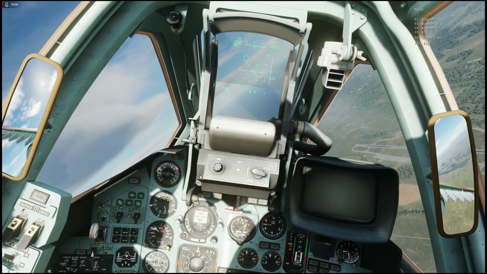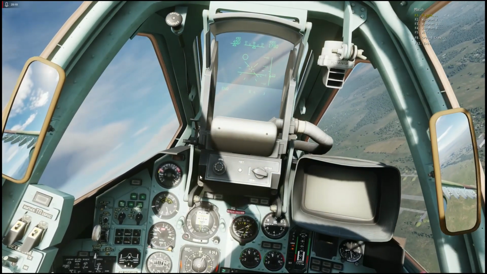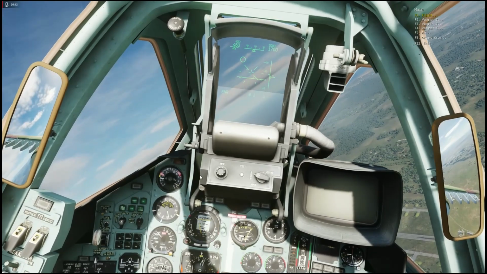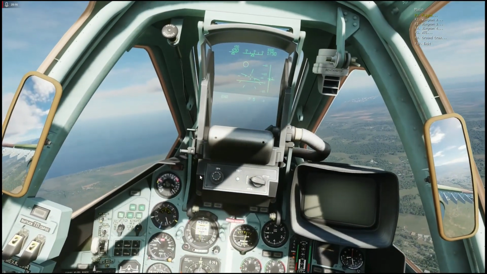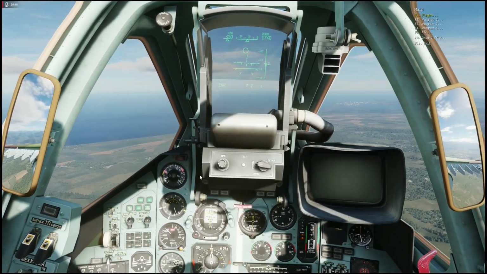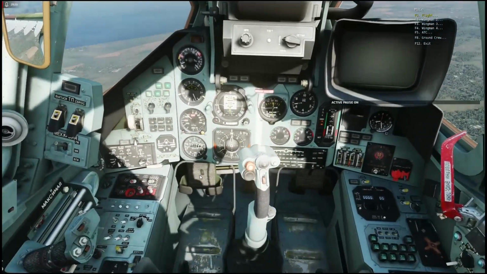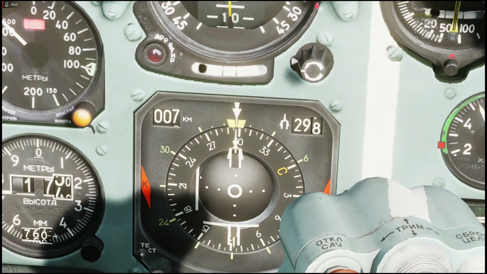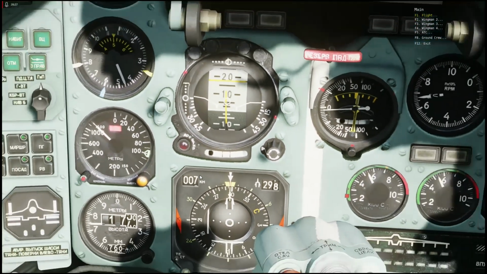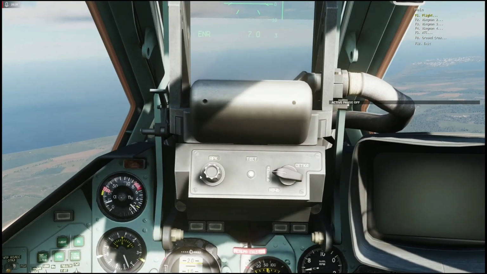I'm rolling over there now. 298. Speed is good, altitude is a bit low. As you see, that is pretty darn close. That is good enough.